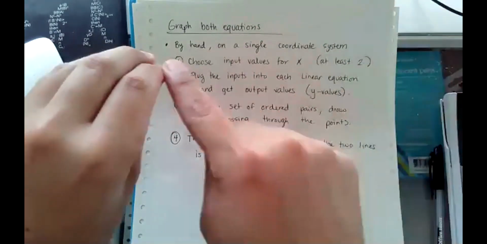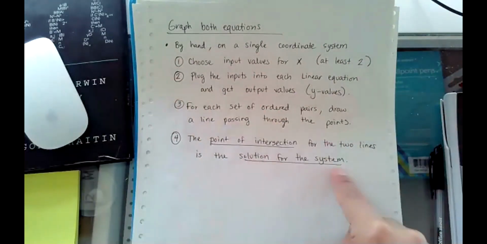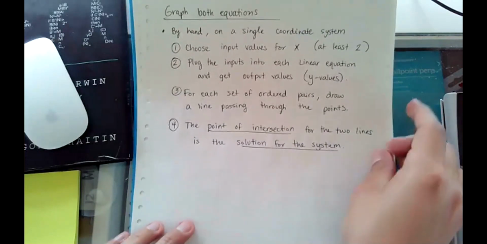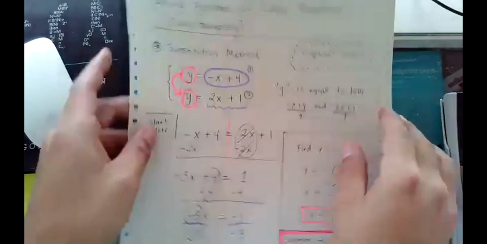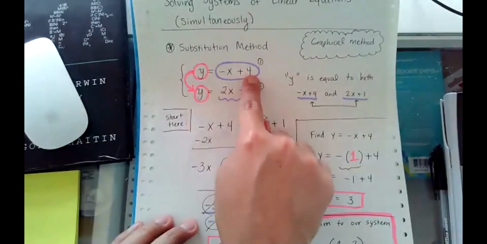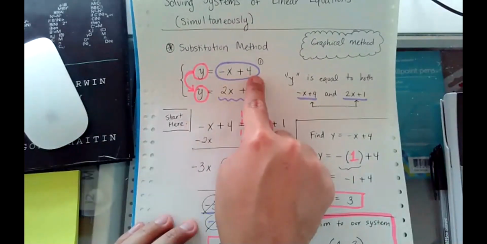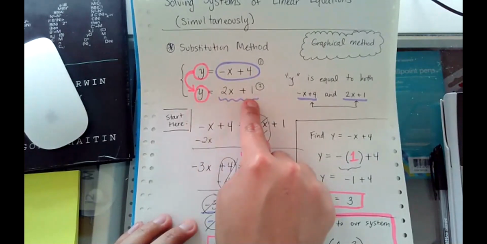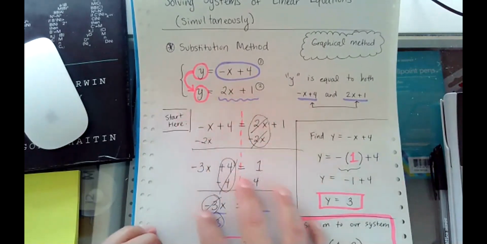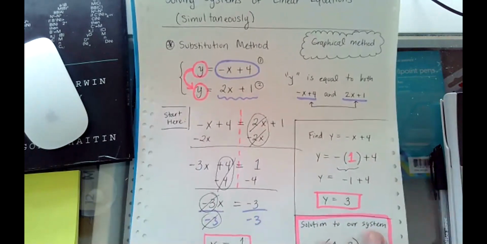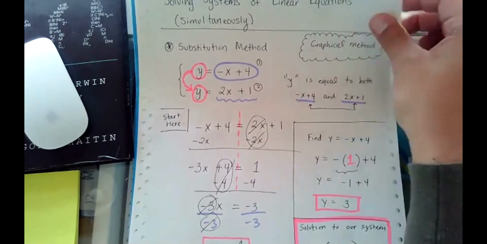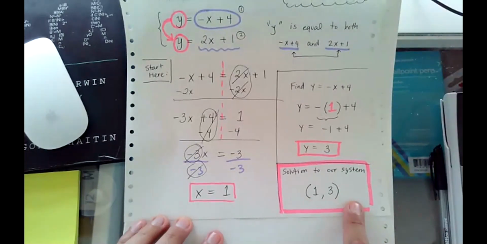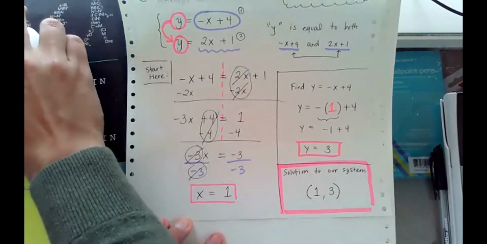And where those 2 lines intersect, that's the solution for the system. So what we've done here, when we work through this, I gave you a linear equation. There's a graph associated with that. Another linear equation, there's a different graph associated with that. And what we did here was an algebraic way of solving for where those 2 line graphs intersect. They should intersect at this location 1, 3. So let me go ahead and share my screen.